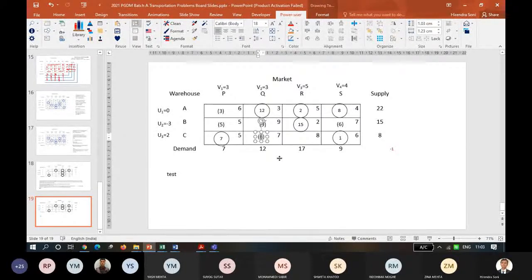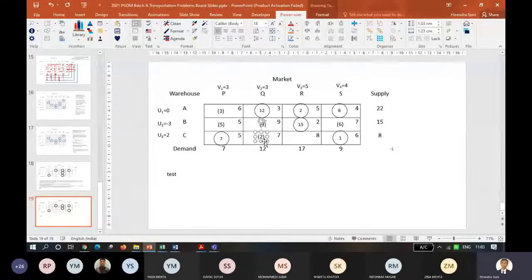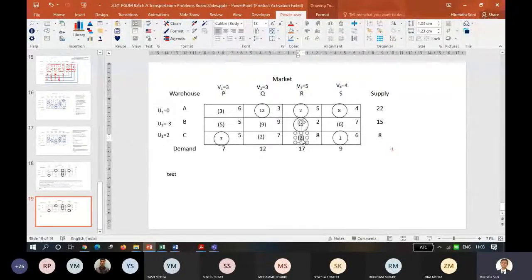Sir, 7. Sir, 2 plus 2. 2 plus 3 is 5. 7 minus 5 is 2. 2. Good. हाँ good. कोई बात नहीं. थोड़ा सा केयरफुल रह के करने का. Come here. Now tell me about this. Sir, 1. 1. Very good.